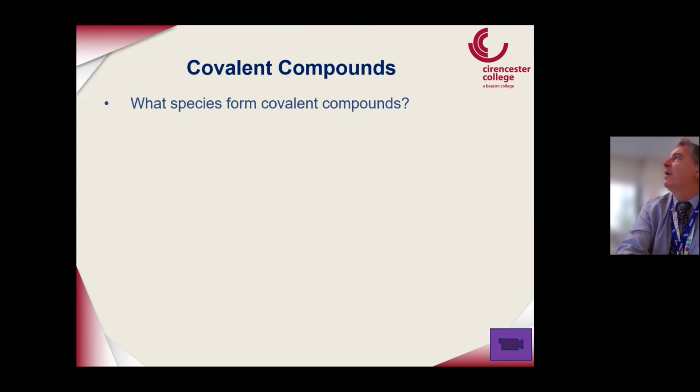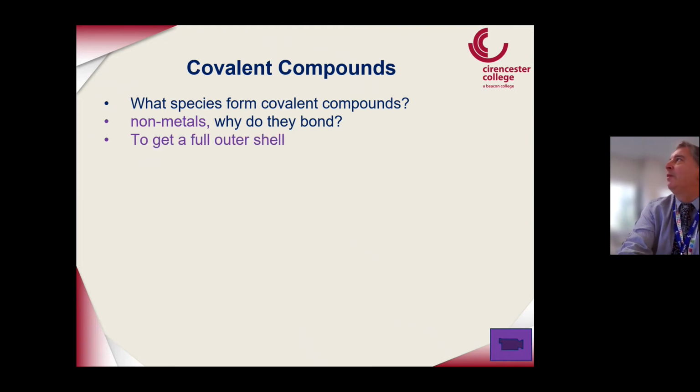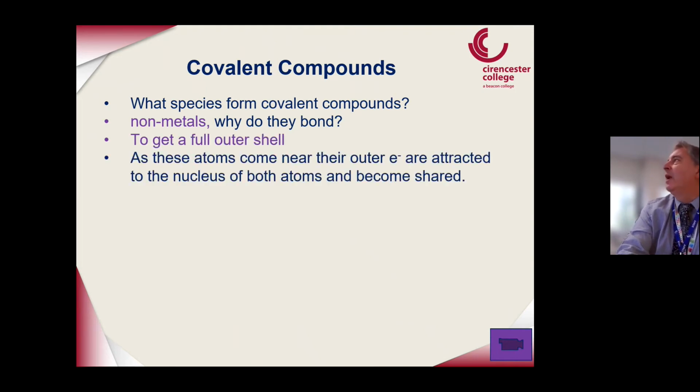Okay, so covalent compounds. What species form covalent compounds? It's usually a combination of non-metals. Why are they bonding? They want to get a full outer shell. As the atoms come near, their outer electrons are attracted to the nucleus of both atoms and become shared.